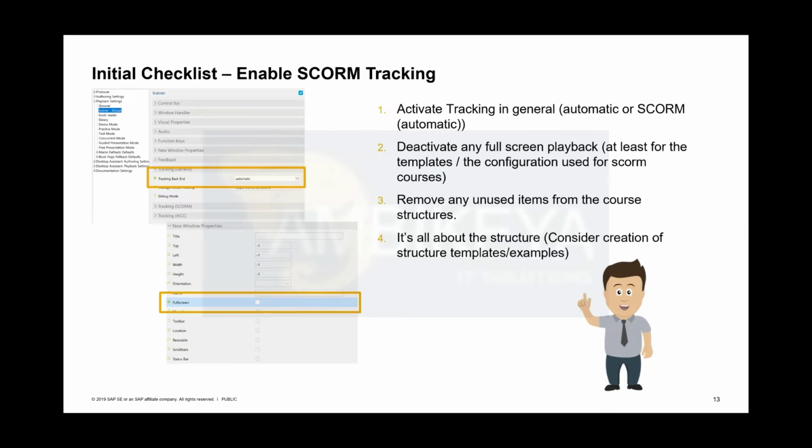Automatic or SCORM automatic? Automatic works in any case, but it has one big disadvantage for authors, because then even your previews will track, on cookie level. This is annoying for authors, because if you once reached page 5, let's say, and you preview your course again, you will start at page 5 again, but as an author, you want to start at page 1 each time. So this is the big disadvantage of automatic.